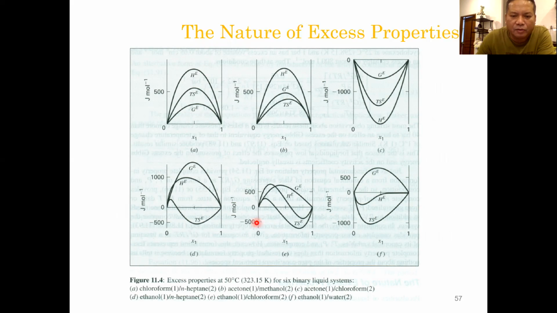See, they have their own behavior. And the third one says that when it's all parabolic or all the same sign, the maximum of the deviation occurs at equimolar composition, at the center here. That's where we deviate more at the equimolar.